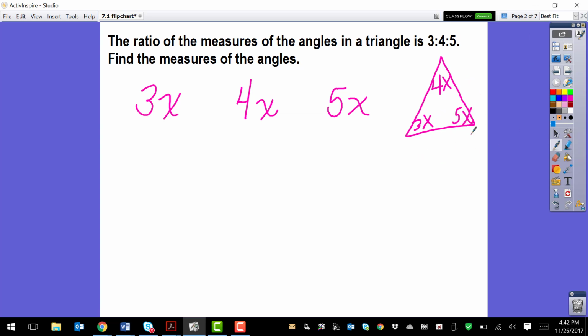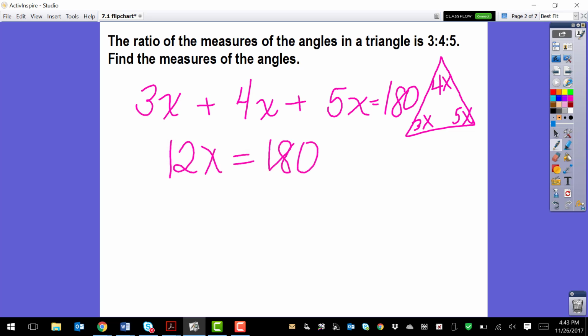We know that if you add up the 3 angles of a triangle, they should always add up to 180 degrees. So I have 3x plus 4x plus 5x. I can combine those like terms to get 12x equals 180. Then I'm going to divide both sides by 12, and 180 divided by 12 is 15.